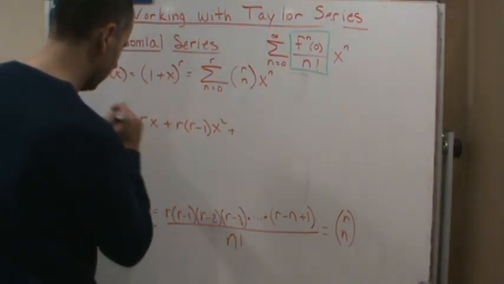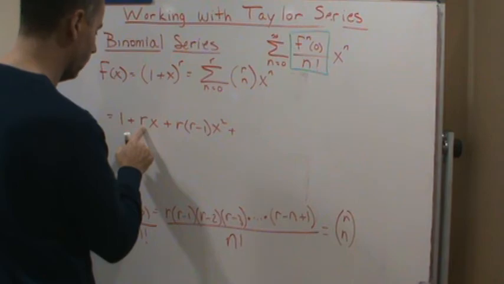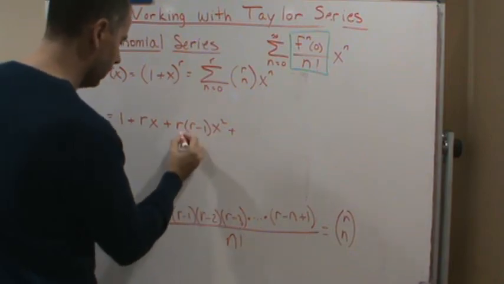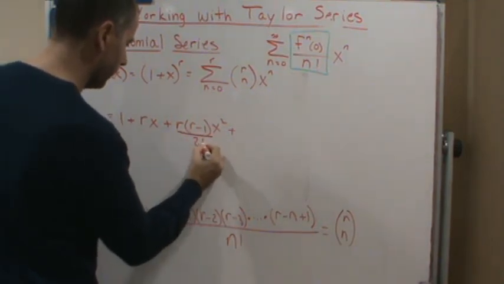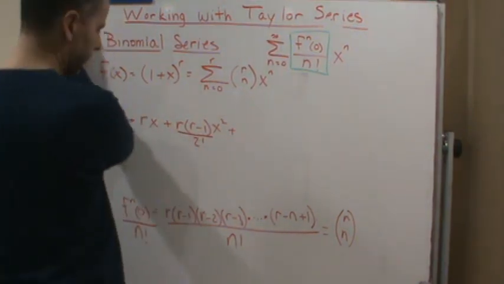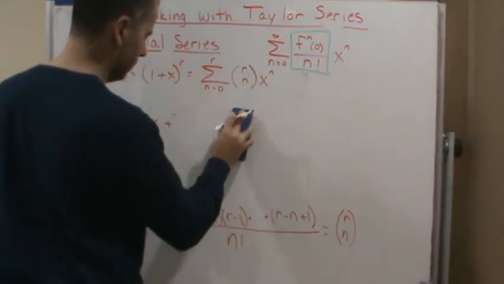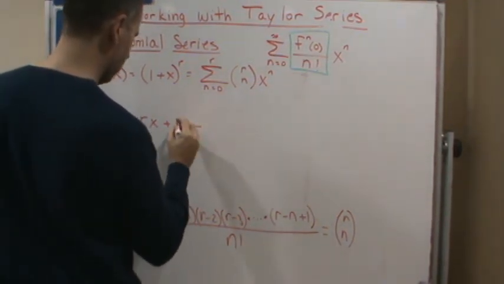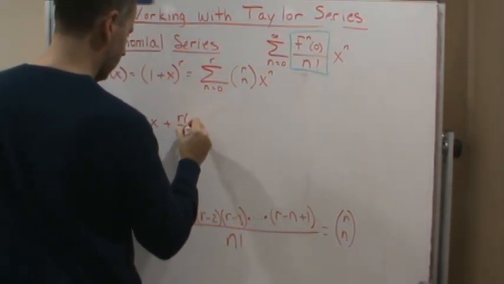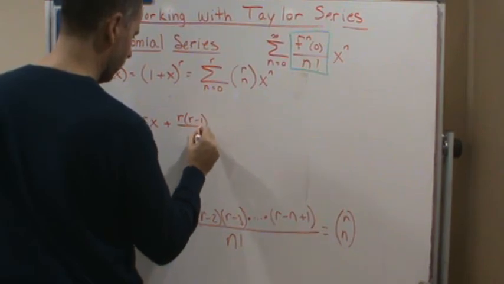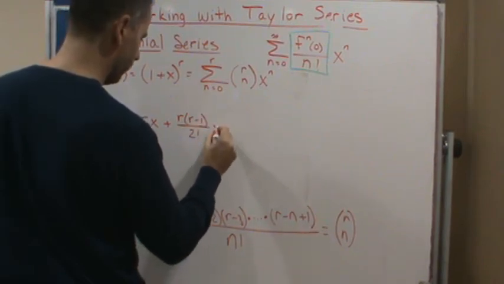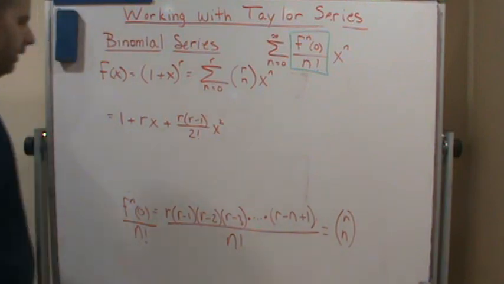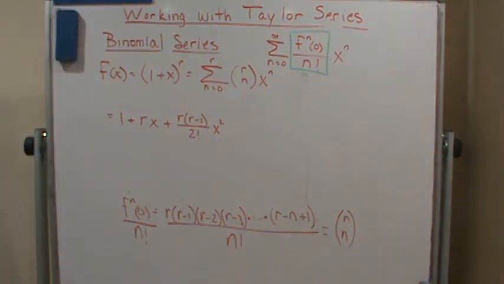Oh, 2 factorial. So let me center this better. So this will be r times r minus 1 over 2 factorial x squared. That's right. Okay. And then it continues in like fashion.